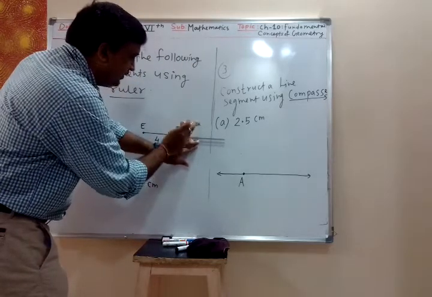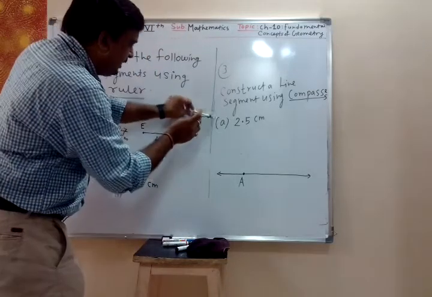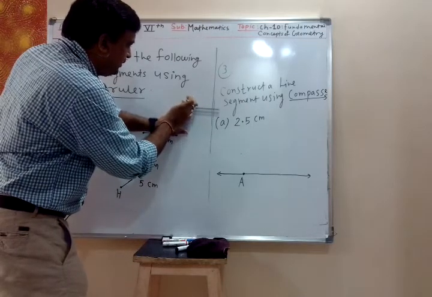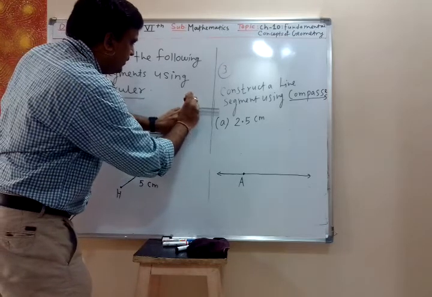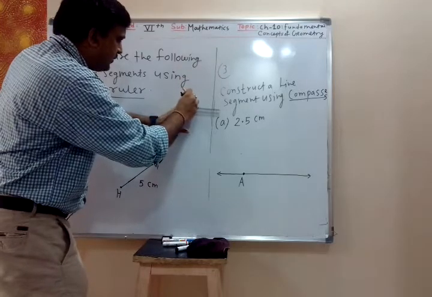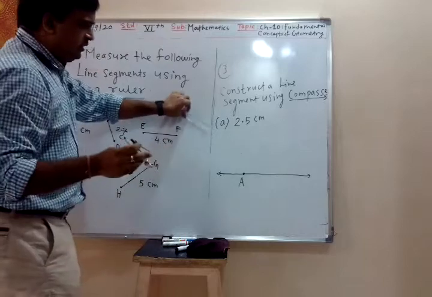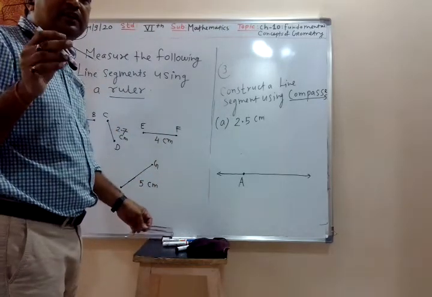This is called the tip of that rounder. I will keep the tip of that rounder at 0 and take the length of 2.5 centimeter. Wait no, 5 is a big line in between them.